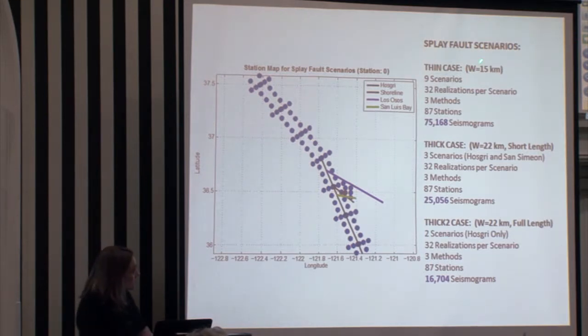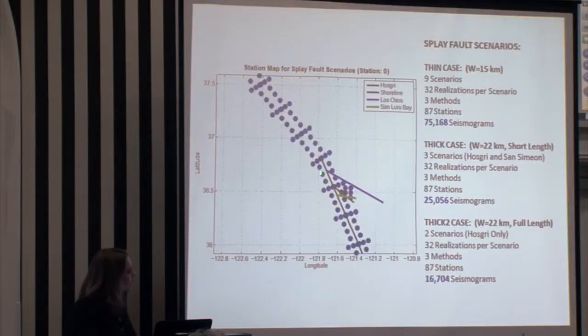For the thin case, what we did is we used our preferred geometries. So we have the Hosgri fault. It has a length of, I think it's like 107, excuse me. And we have a width of 15 kilometers. So we use Leonard scaling then, using that geometry. Then for the thick case, we ran the Hosgri.